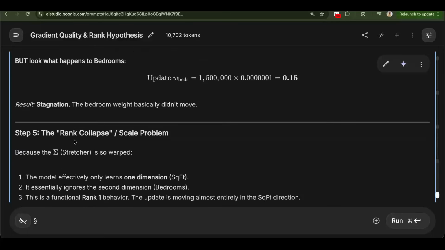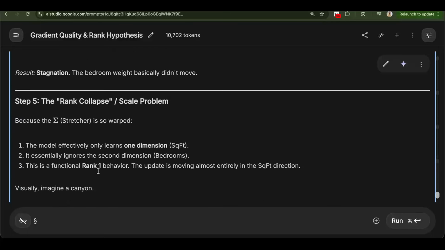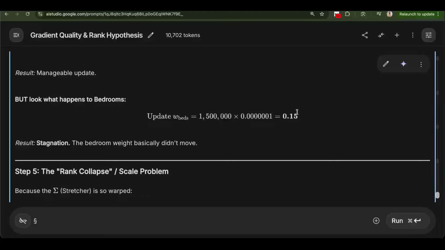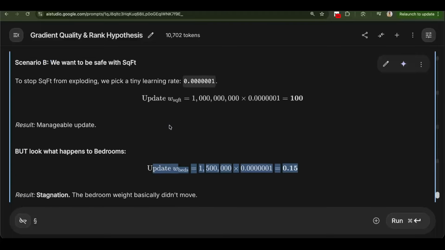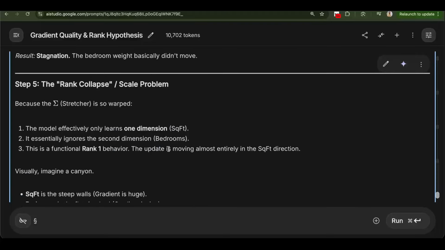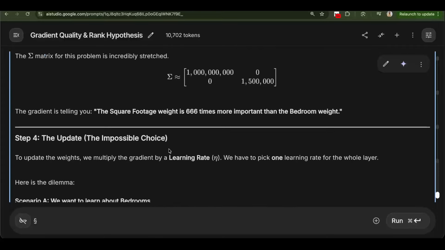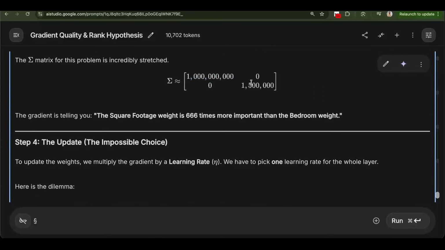And they call this rank collapse. So this function is just a rank 1 matrix, because this dimension, this rank is not learning at all. So this is the big problem, and that's caused by this stretching matrix, by this huge stretch.